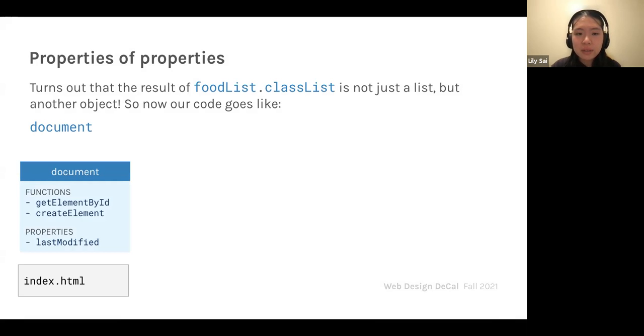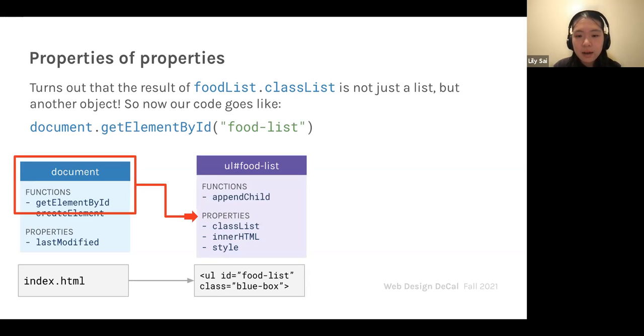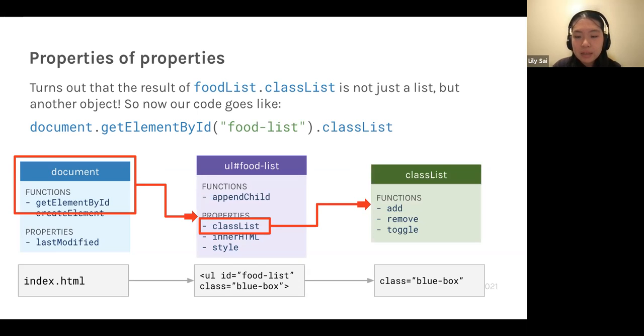If we want to look at this more visually, we have our document, which is all of our HTML code, and it has functions like getElementById. We can use that function to get our food list using the ID. And then within that food list, we can get the class list, which is one of its properties, which will give us the class blue box.